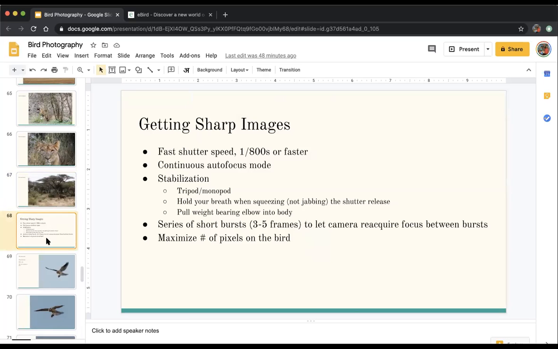Okay, another slide on a little bit of technique in terms of getting sharp images. I think we've covered some of it. You want high shutter speed. 800 is probably a lower end of it, very low. You probably want to go up to 2000 or more, anywhere between 1600 and 2000.